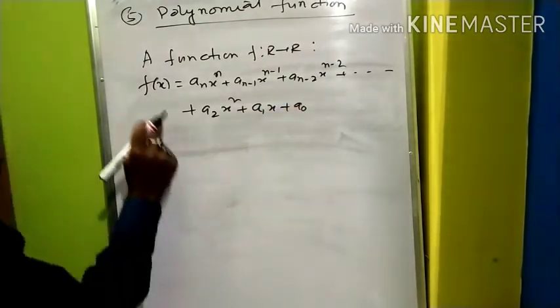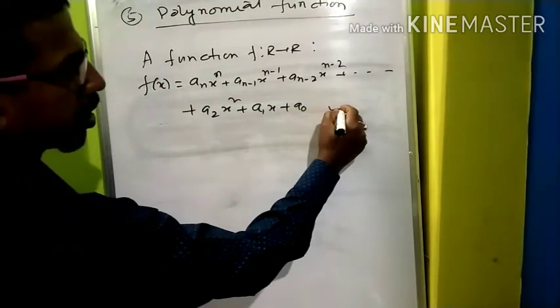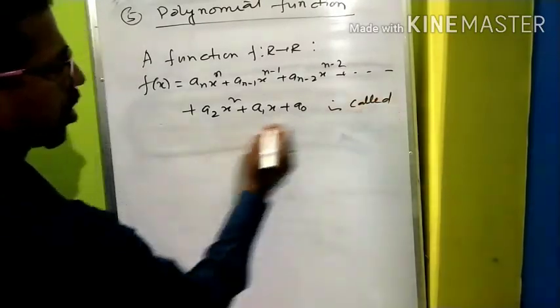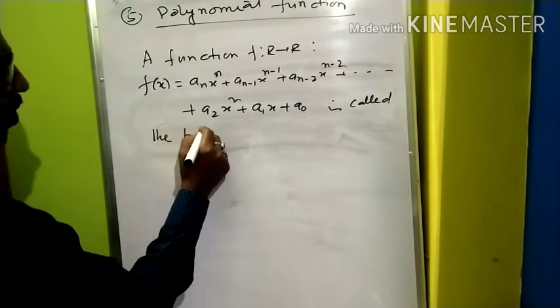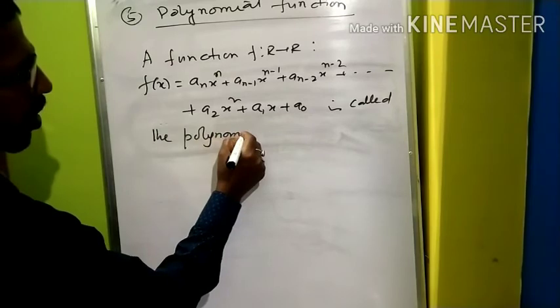We can take it like that. This is called a polynomial function.